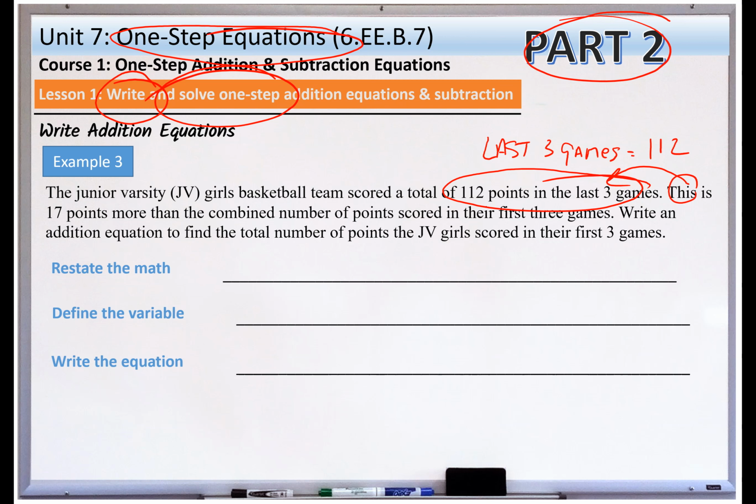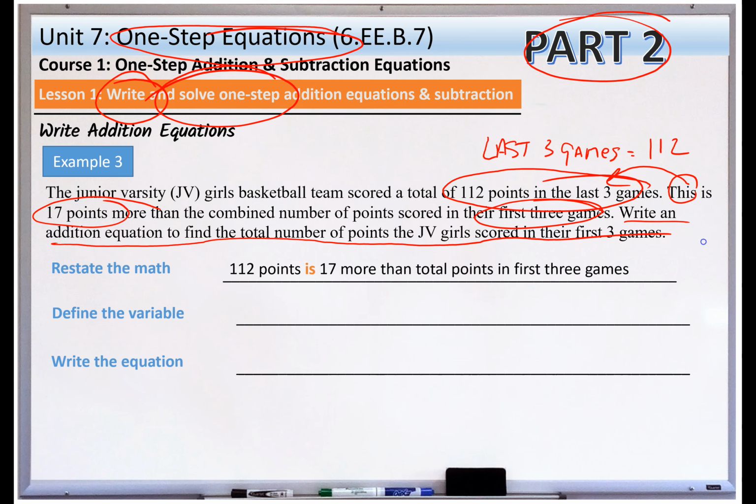Is 17 points more than the combined number of points scored in the first 3 games. So you've got the first 3 games and the last 3 games, and the 112 is 17 points more than the first 3 games. What's the question? Write an addition equation to find the total number of points scored in the first 3 games.